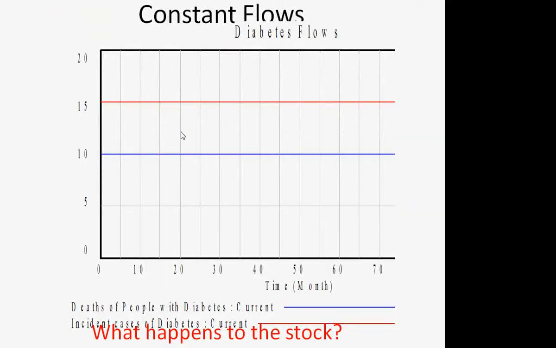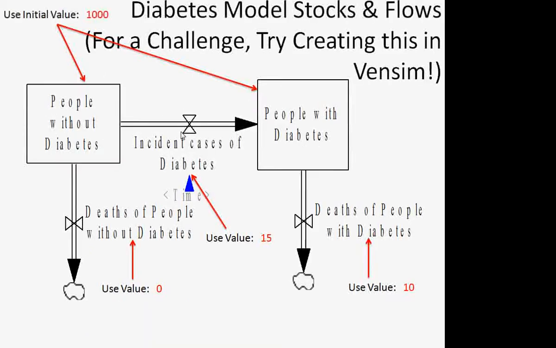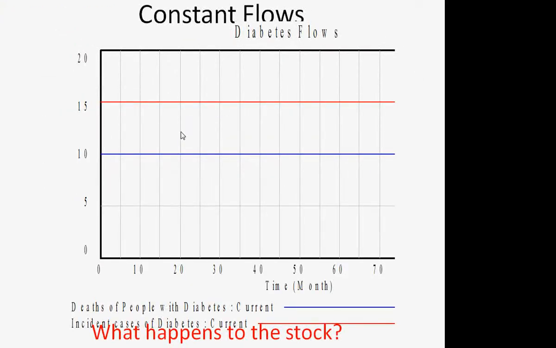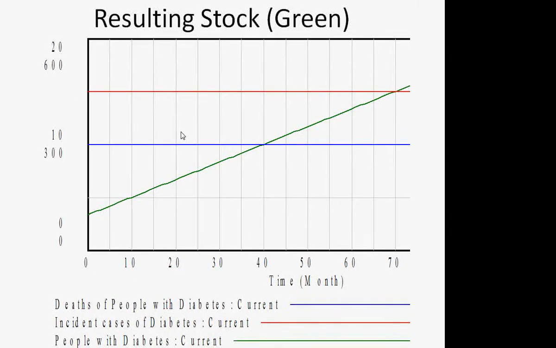And let's suppose we have deaths of people with diabetes, 10 here. How is the stock going to change over time? We have 15 coming in, 10 going out. This is going to be increasing by how many per year? 5, that's right. So if these are the flows, 15 in, 10 out, it's going to be going up at 5 per year.